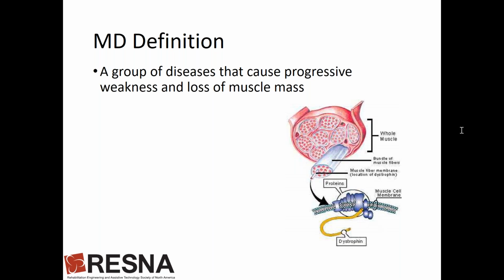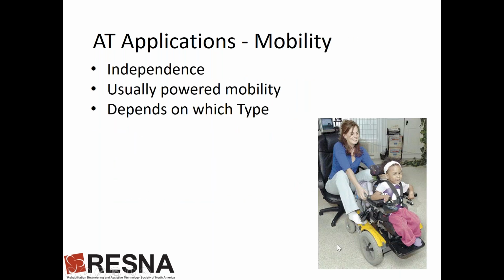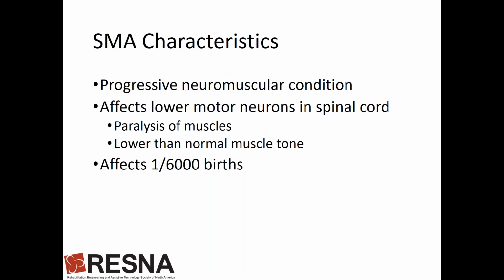Yes, SMA is the motor neuron. Muscular dystrophy is this protein, the dystrophin. And then SMA, we don't have a little picture of the SMA. So it is the motor neurons. So yes.